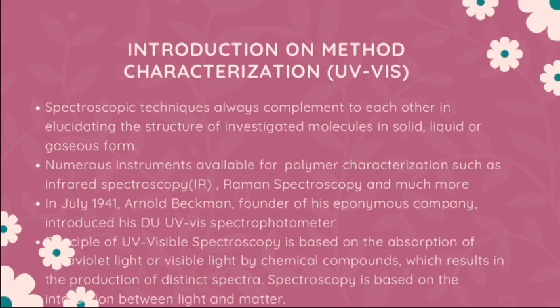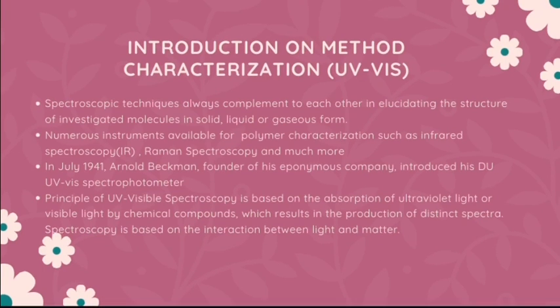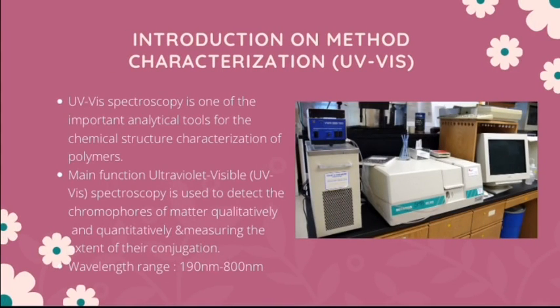This method is based on the absorption of ultraviolet or visible light by a chemical compound, resulting in distinct spectra. Spectroscopy is based on the interaction between light and matter. UV-VIS spectroscopy is one of the important analytical tools for the chemical structure characterization of polymers.